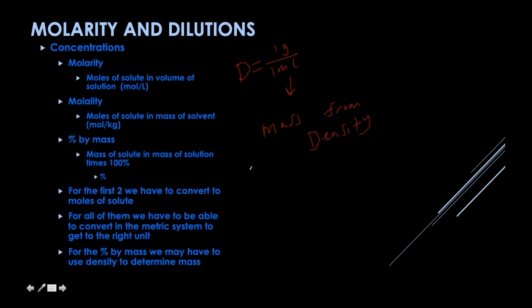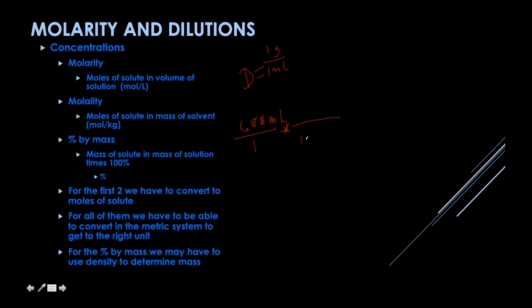So the way that you do that is you literally use our stoichiometric math. Our density is equal to 1 gram per 1 milliliter. So if we have 600 milliliters of water, I need to know how much mass that is.